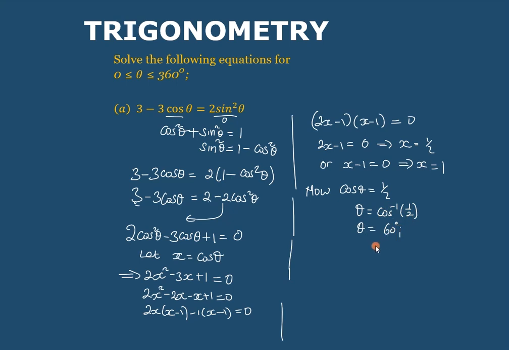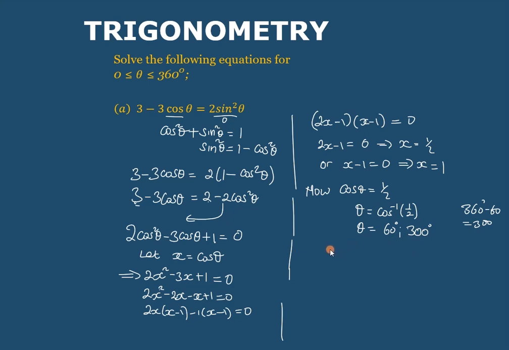Cosine of theta is positive here, and so we shall get two values, one in the first quadrant, another in the fourth quadrant. The angle in the fourth quadrant can be got by getting 360 minus the acute angle. So we shall get 360 minus 60, getting us 300. So the other angle here is 300.